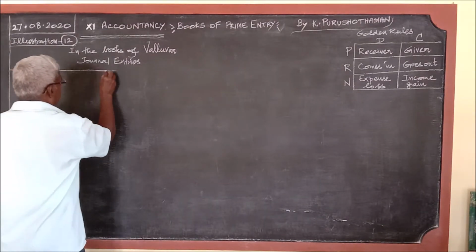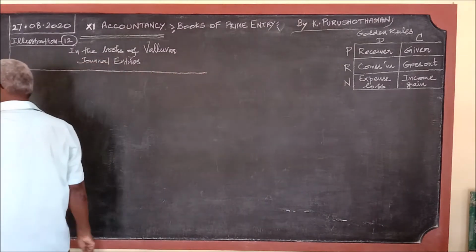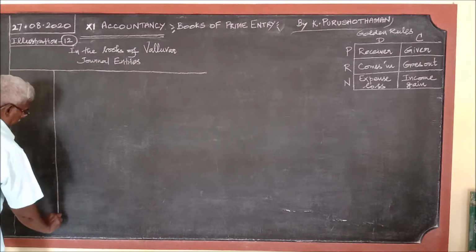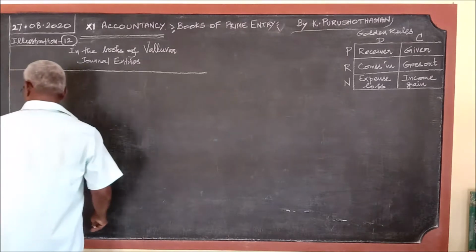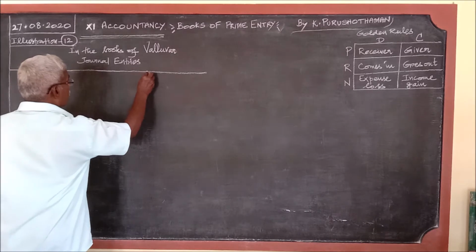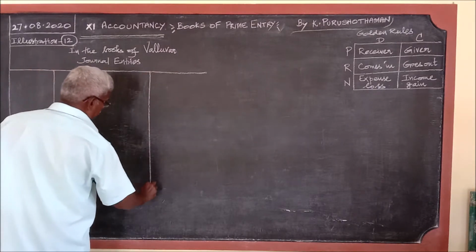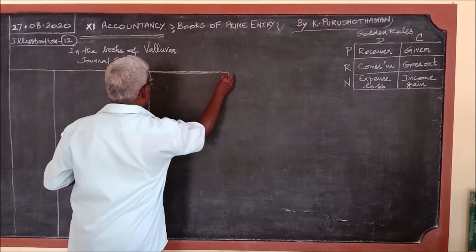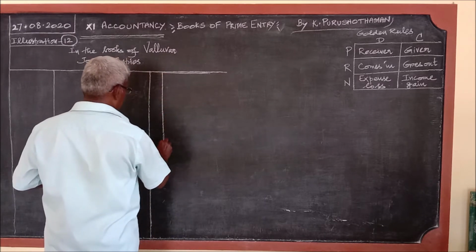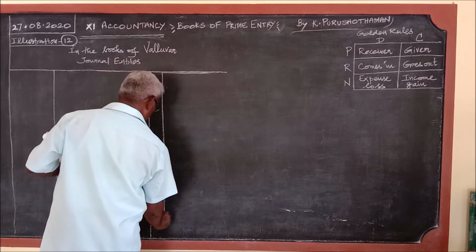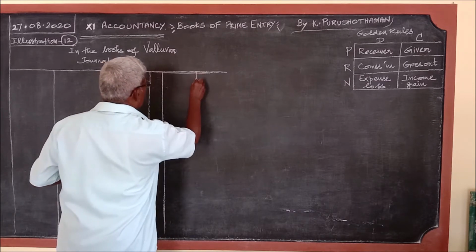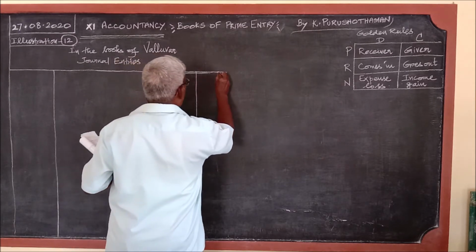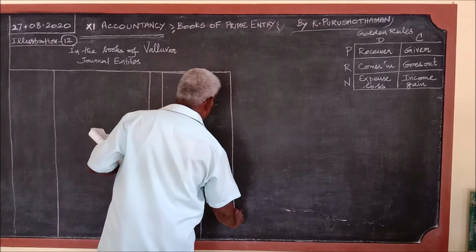We should draw the format as usual. First column for date, second one for particulars, third one for ledger folio, fourth one for debit, fifth one for credit.